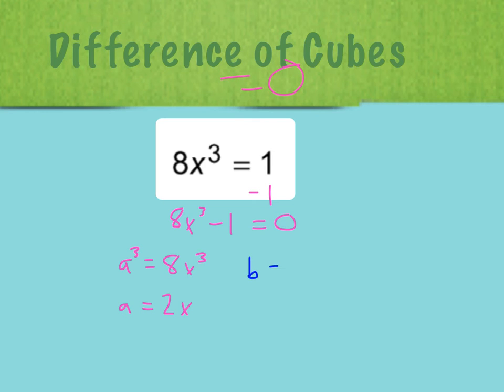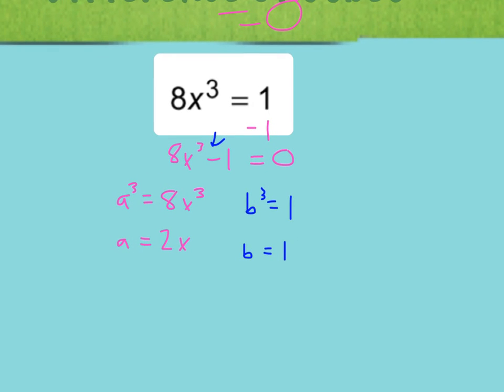And now our b is, b cubed is 1. So what's our b? 1. We don't keep the negative when we have our b just because it's the difference of cubes, so we're subtracting anyway. So we just use that second formula that we have. So our formula starts now with a minus b.